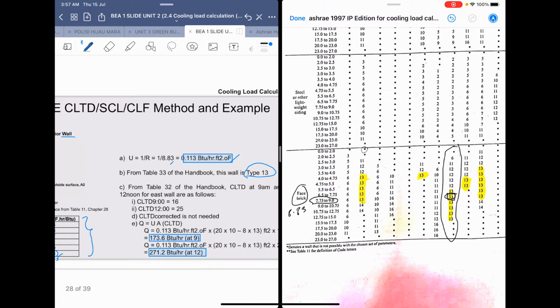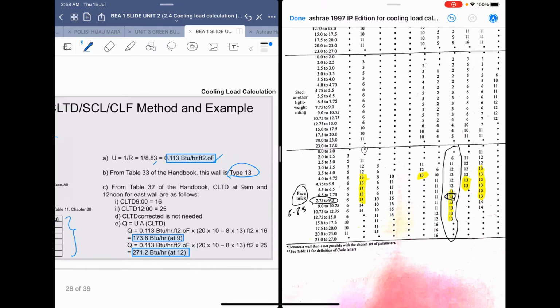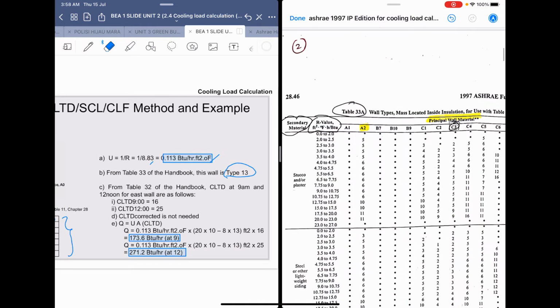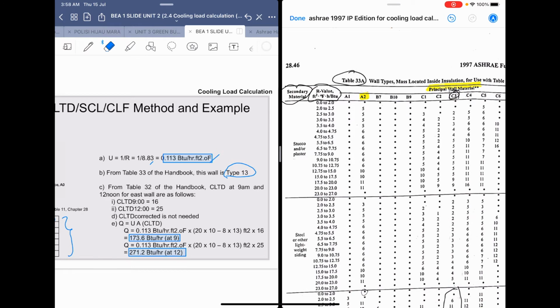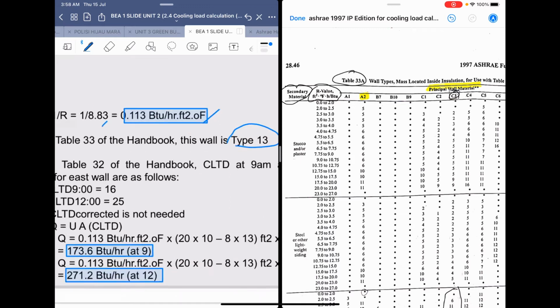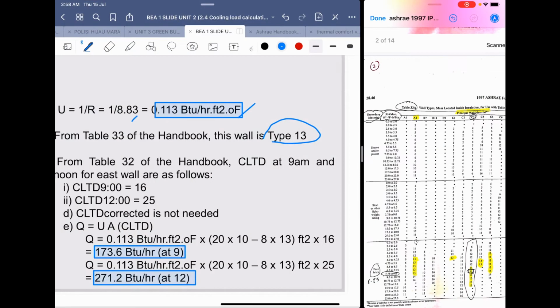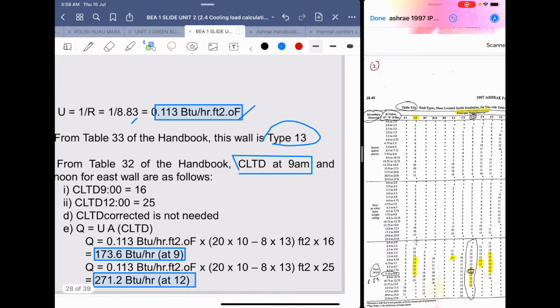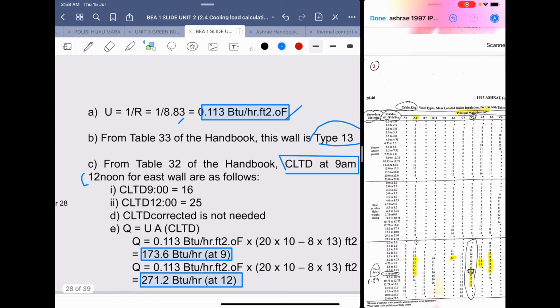Then, from Table 32 of the handbook, we can get the CLTD, cooling load temperature difference, at 9 a.m. and 12 noon for the east wall.